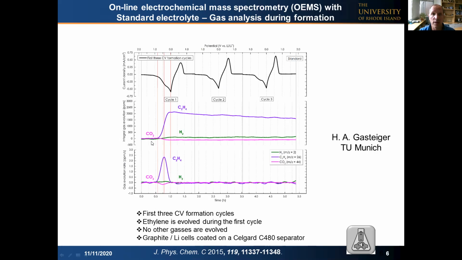And in this case, we see the gases that are evolved during the first charging cycles. We charge the battery and then discharge, and then charge and then discharge, basically on multiple cycles. What we observe is that on the first cycle, we observe ethylene gas generated, and that's really the only gas that is observed, nothing else.